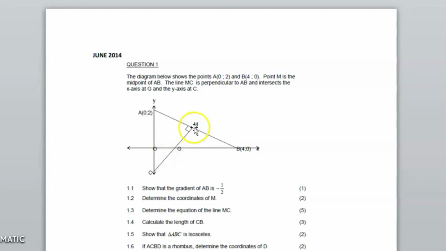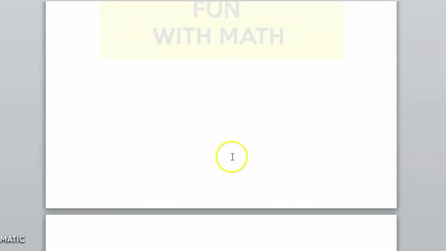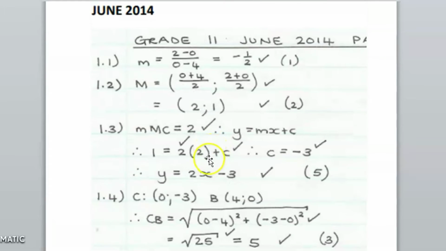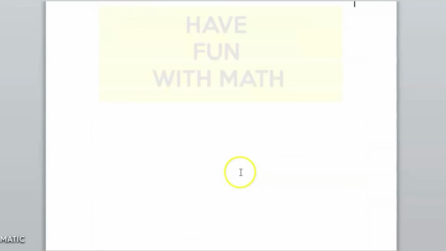You can take any point from this line, but in this case we have only the M point, which is 2 and 1. So where this y is, we put 1, and where this x is, we put 2, same as here. Then we calculate for c. Then our c is -3. Then this is our equation for the line CM.